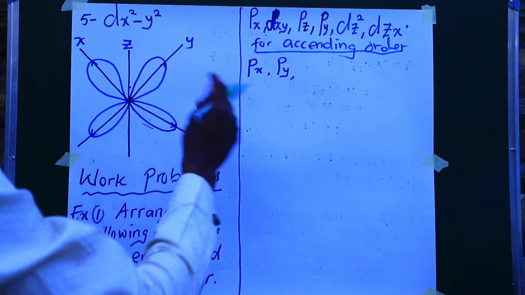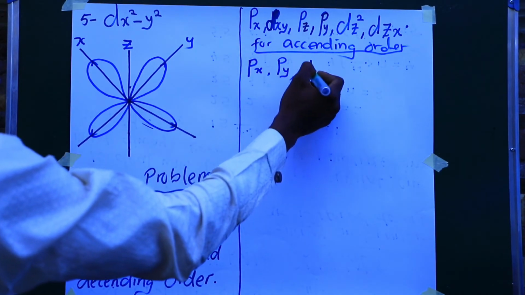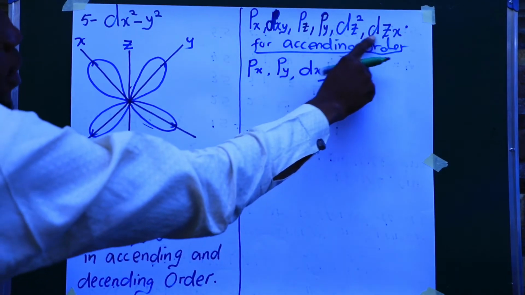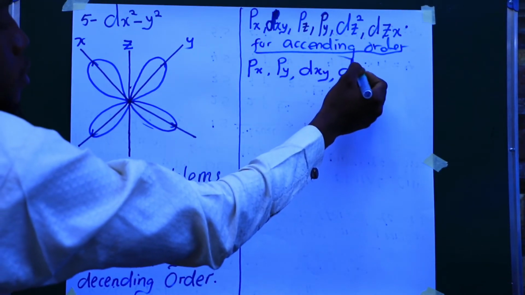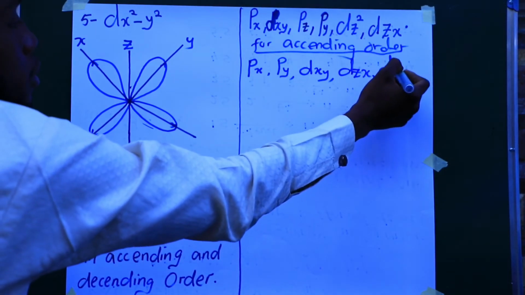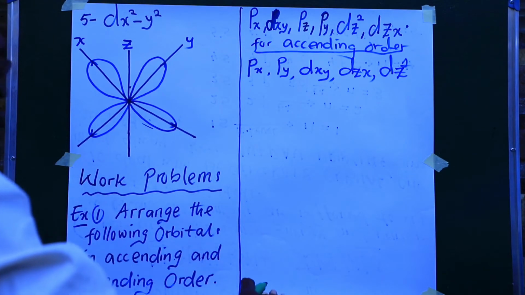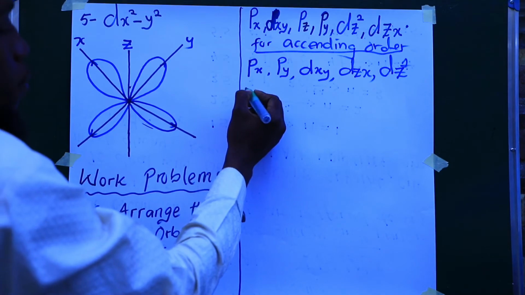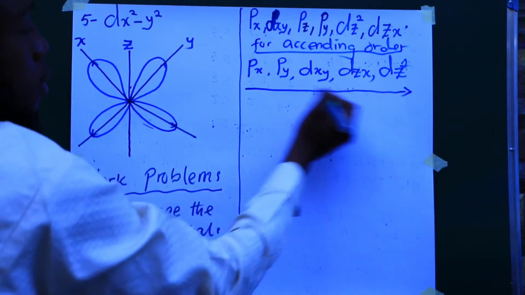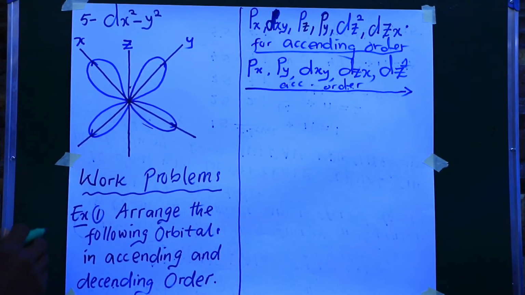After py, we have dxy, and then we have dzx, and the last is dz square. So now we are going to show the arrow. The arrow means from the lowest orbital to the highest orbital. That means in ascending order.